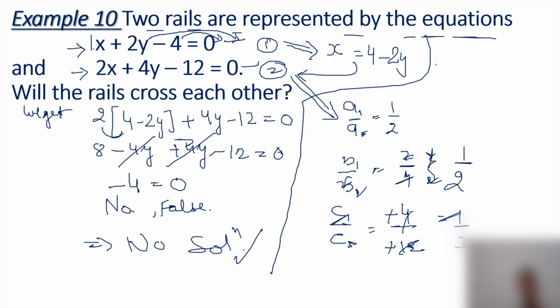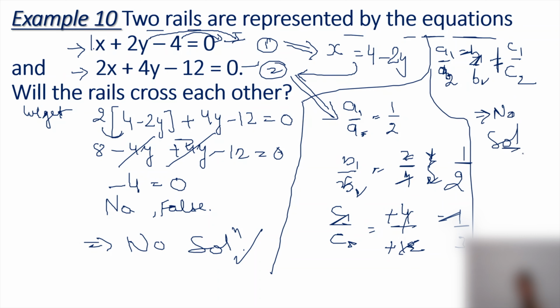Here we can observe that A1 upon A2 is equal to B1 upon B2 is not equal to C1 upon C2. Therefore, it has no solution. If we restrict ourselves to the substitution method, you will face this situation: no variable will be left and you will be left with a false statement.